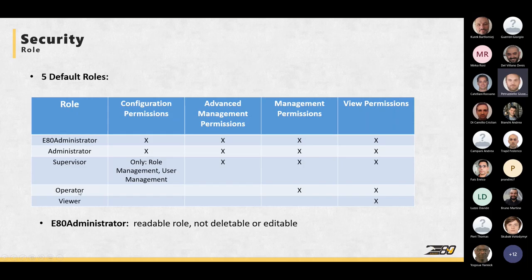So we have the operator role with management permission and view permission, and viewer with view permission. So this is a default schema that you can find in the system when you install it, but apart from the E80 administrator, for the other roles it's possible to edit and modify the associated permissions.